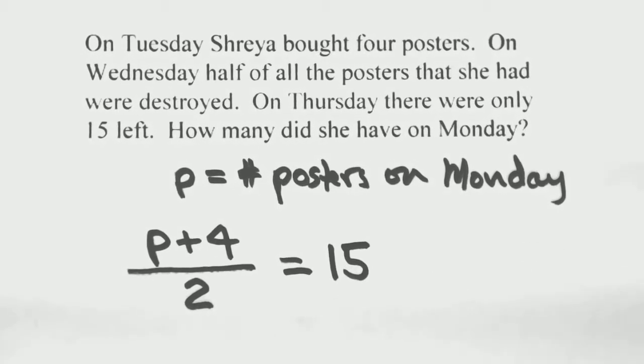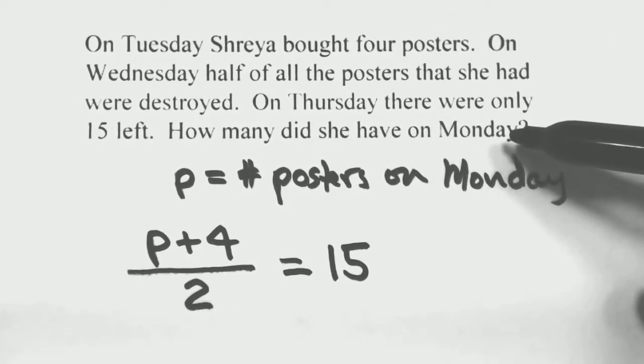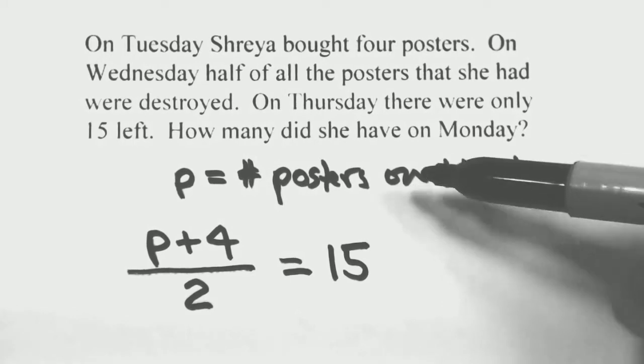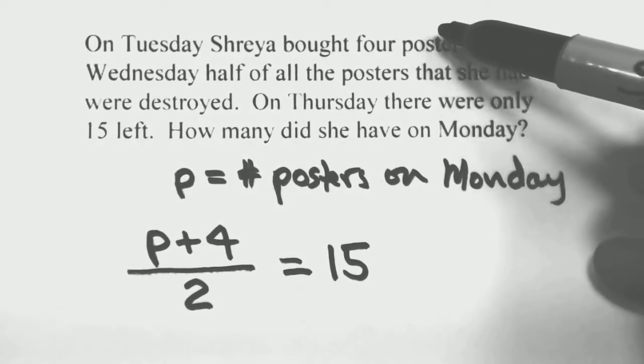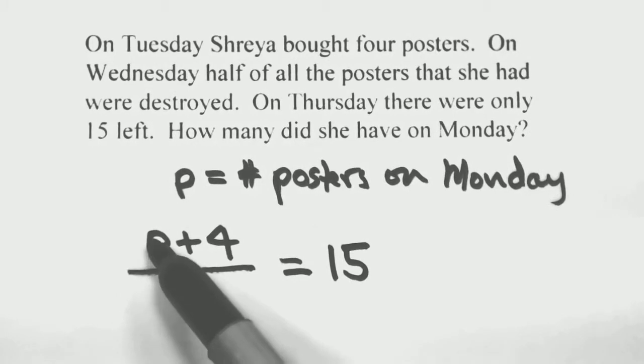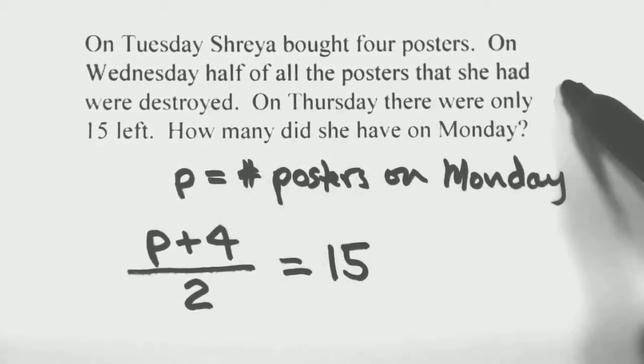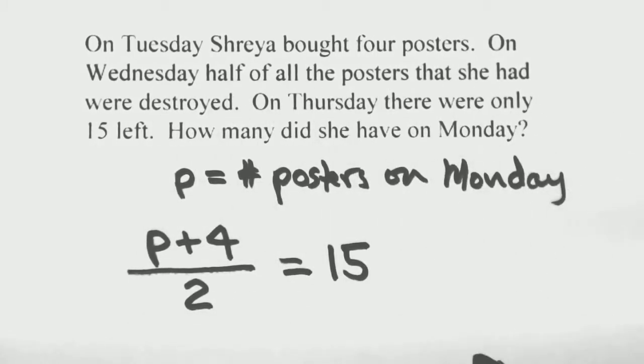Okay, let's look at this once more, see how we set it up. How many posters did she have on Monday? Okay, well, we're taking P to be that amount. On Tuesday, she bought 4 posters, so that means she had the P from Monday plus 4 more. Now, on Wednesday, half of the posters were destroyed.